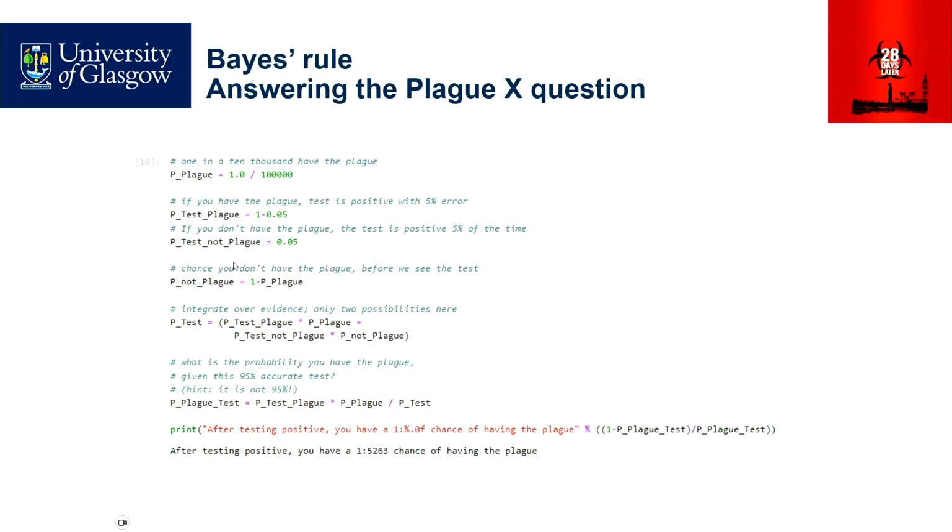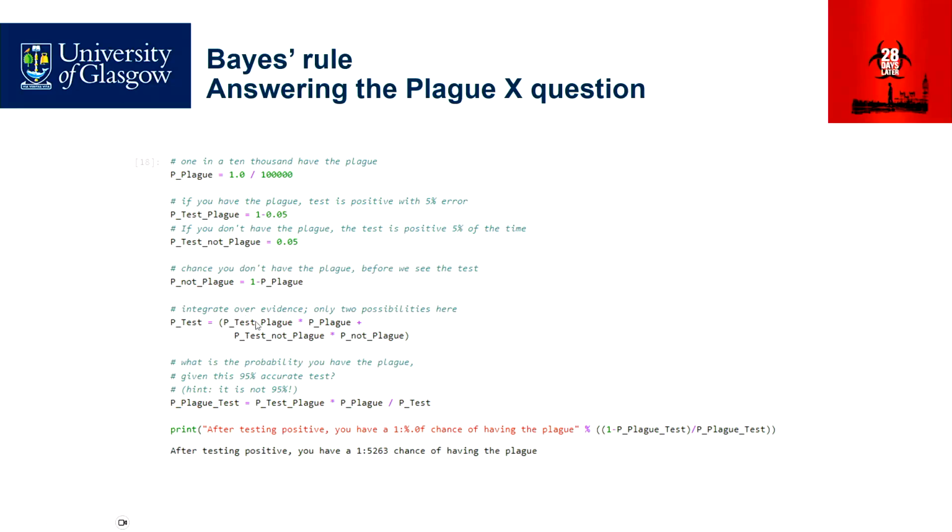So far, so good. Then the chance that you don't have the plague before we see the test is 1 minus the chance of having the plague, because again, there are 2 possible outcomes, so they must sum up to 1. Once we've done that, we can finally integrate over the evidence to get the probability of getting a positive test.